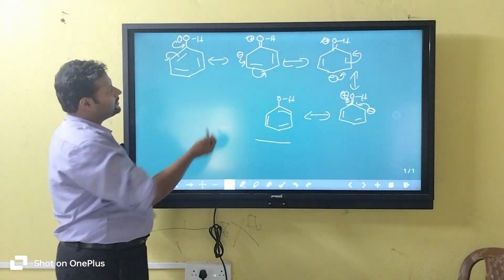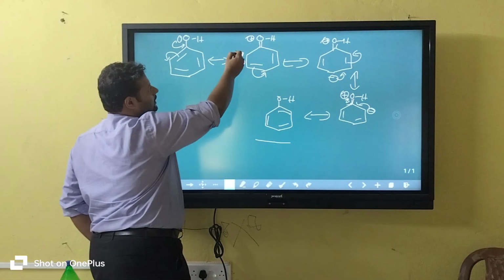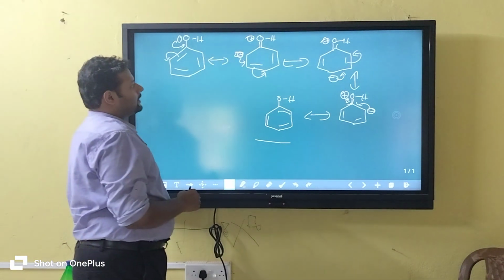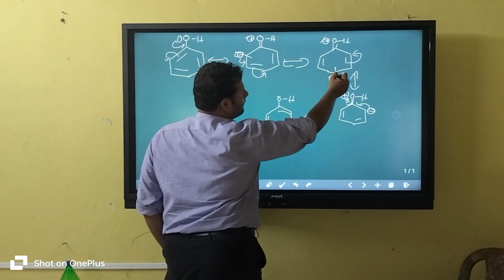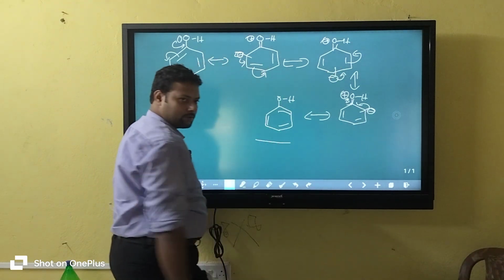As you can see, the negative charge or the electron density is getting placed predominantly at the ortho and para positions.